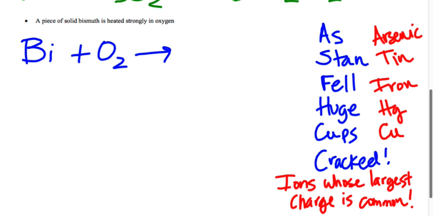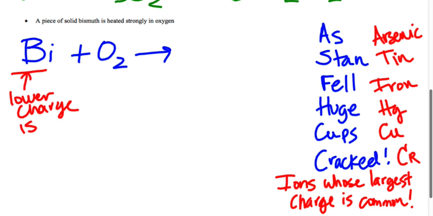Chromium actually has more than 2, but its 2 most common are 2 and 3. So this is chromium. All right. So is bismuth in that list? No. Since bismuth is not in the list, the lower charge is common. So that's the one we're going to go to.